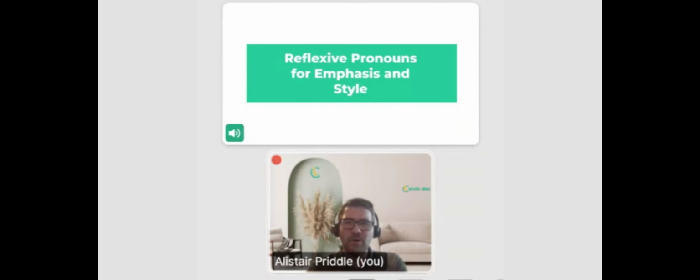The third part on our agenda, reflexive pronouns for emphasis and style. Okay, so we have an explanation related to this part of our agenda. Number one, reflexive pronouns can also be used for emphasis, not just for grammatical purposes.